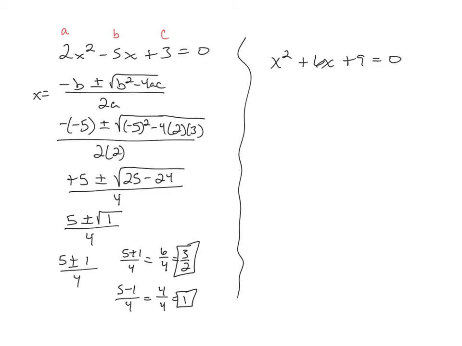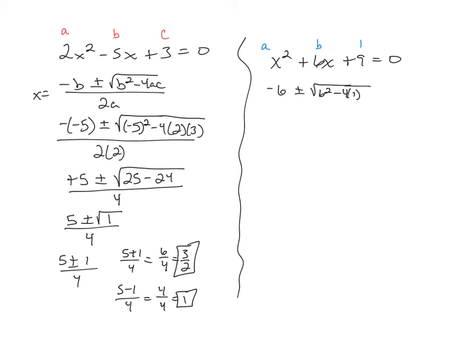Okay, so if we had this one, the a is 1. If there's no number in the front of the x squared, it's just a 1. So negative b, so negative 6, plus or minus square root of 6 squared minus 4.